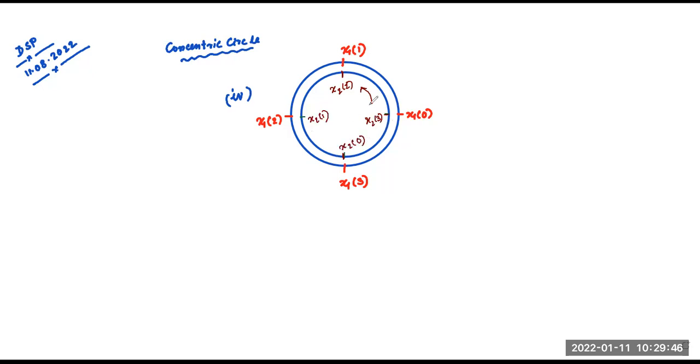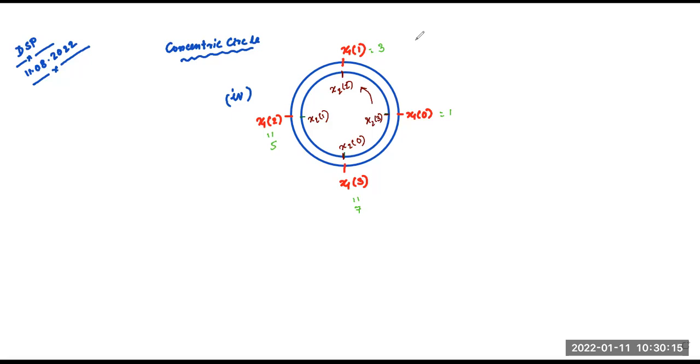So this will be the position. So what are the values? The value of x2 1 is 3. The value of x2 2 is 5. The value of x1 3 is 7. The value of x1 0 is 1.